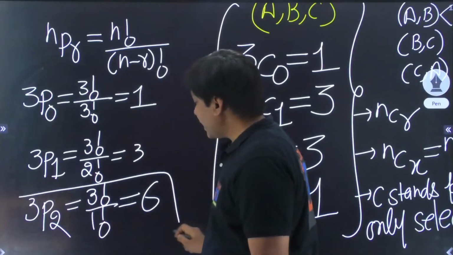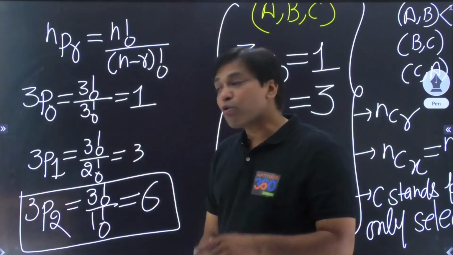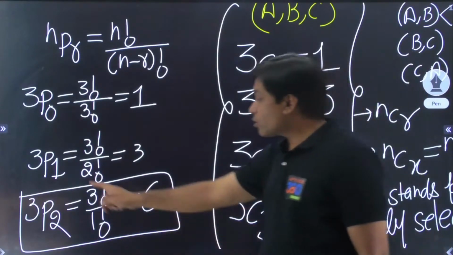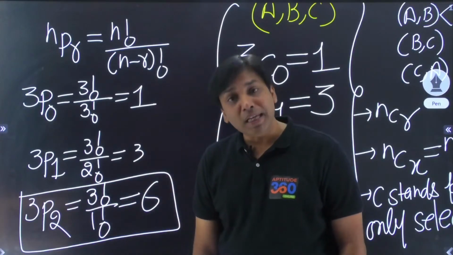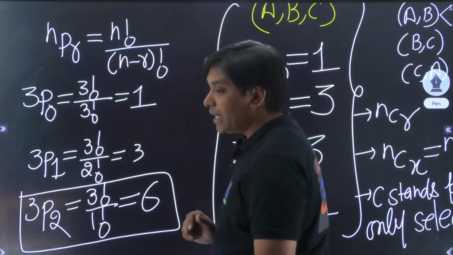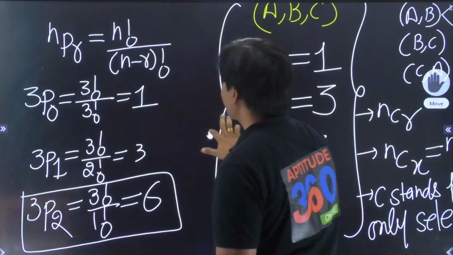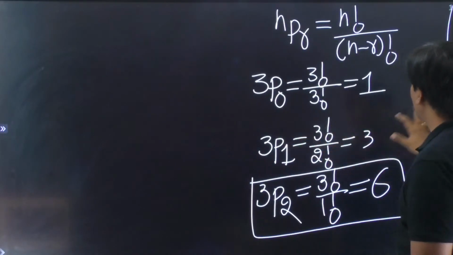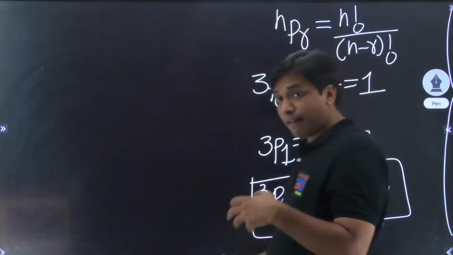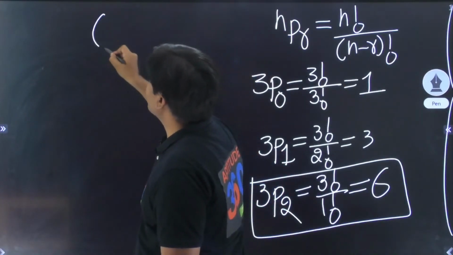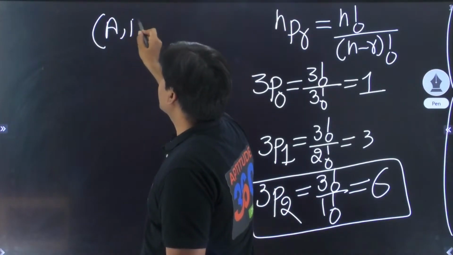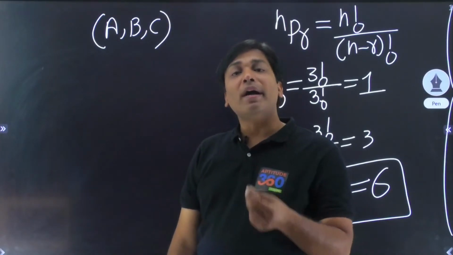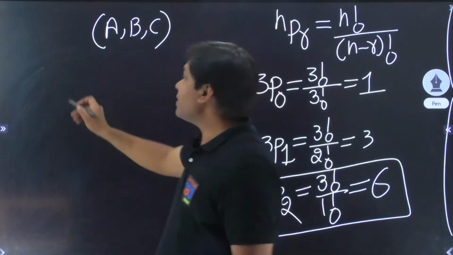इसका क्या मतलब हो गया भाई? मैं कह रहा हूं 3C2 out here is 3, whereas 3P2 is 6. What does that mean? It means that if I have got 3 items, which is A and then B and then C, and I want to select 2 items out of 3 items, in how many ways can I do that?